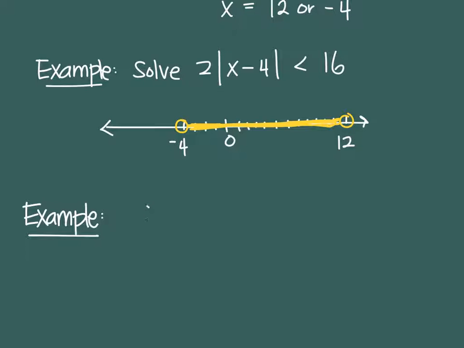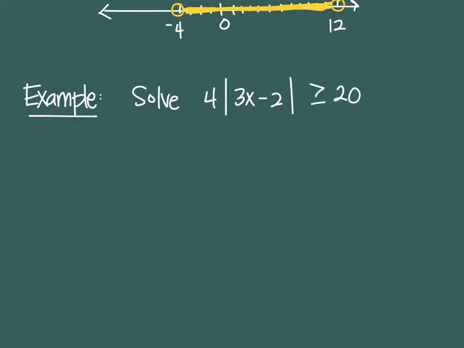When we solve the following, 4 absolute value 3x minus 2, another absolute value, greater than or equal to 20. So this has an absolute value, which means I need to use a plus minus. It also has an inequality, which means I'll need to use a number line.